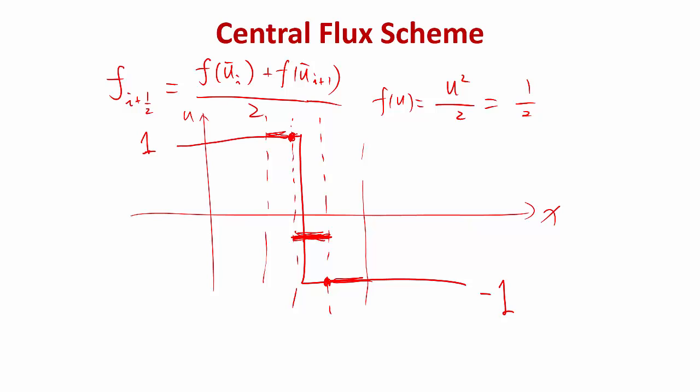We need to look at the direction where the solution is bumping into the shock wave. We should not look at the cell average that averages in between the shock wave. We should only look at the cell average that is coming into the shock wave, which means looking at the left cell average over here, looking at the right cell average over here.